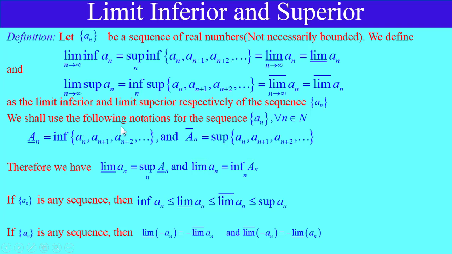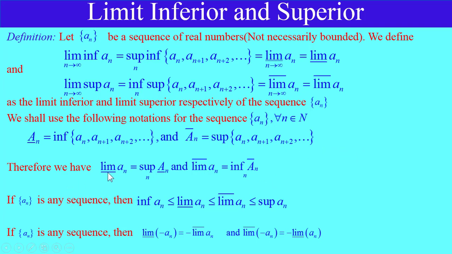We shall use the following notations for the sequence an for all n belongs to N. Lower bar an is equal to infimum of an, an plus 1, an plus 2 and so on, and upper bar an is equal to supremum of an, an plus 1, an plus 2 up to infinity.